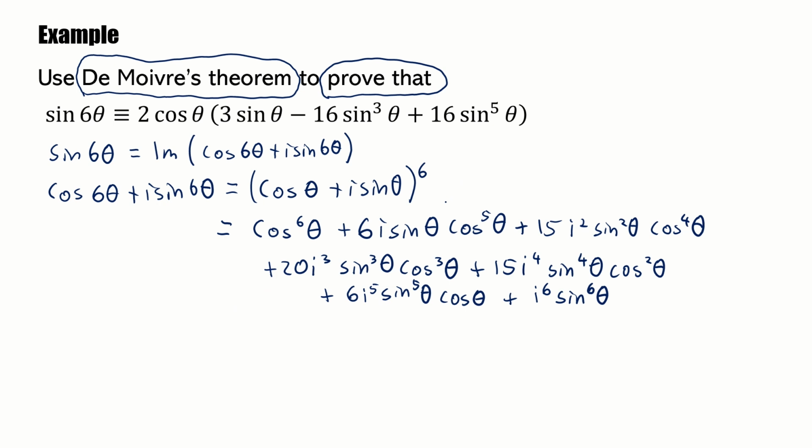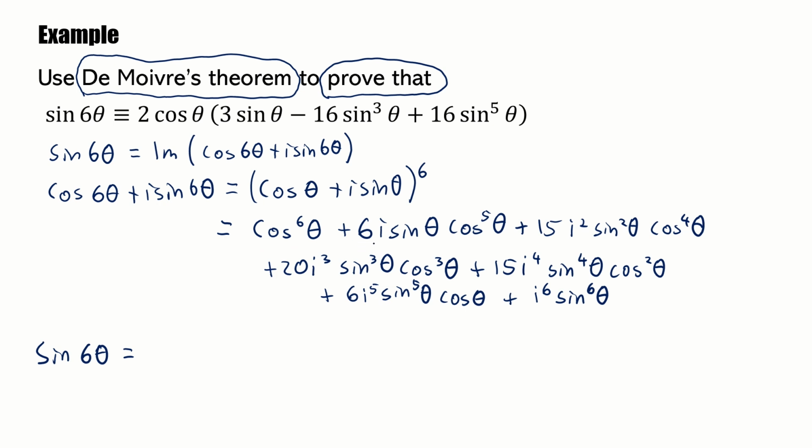Now, the thing to be aware of is we are trying to find specifically sin of 6 theta. That's important because it means we want just the imaginary component of the expression we just looked at, which is obvious to see for the first two terms. We know cos to the power of 6 theta is real, so we're not interested in that.